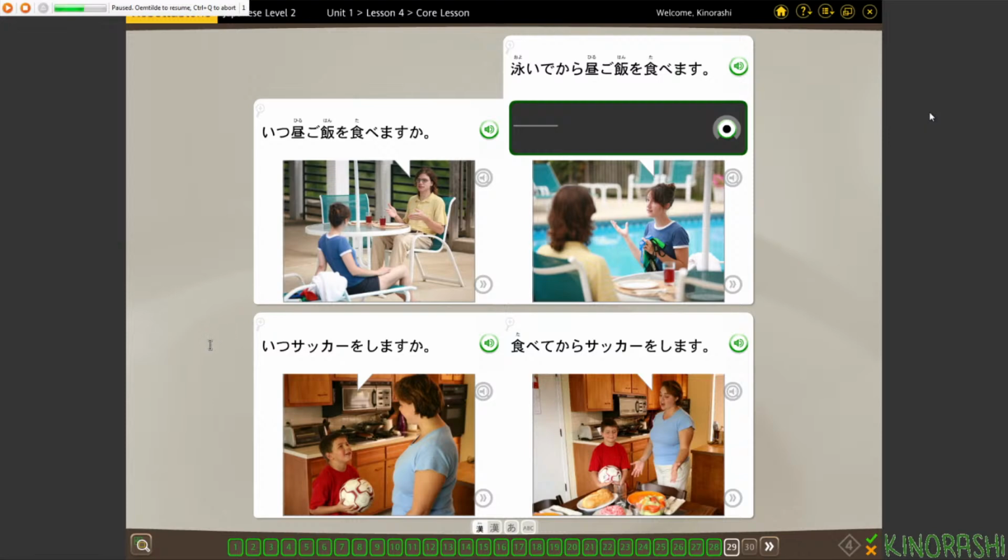Kara, let's see. Oyoi de kara hiru gohan wo tabemasu.